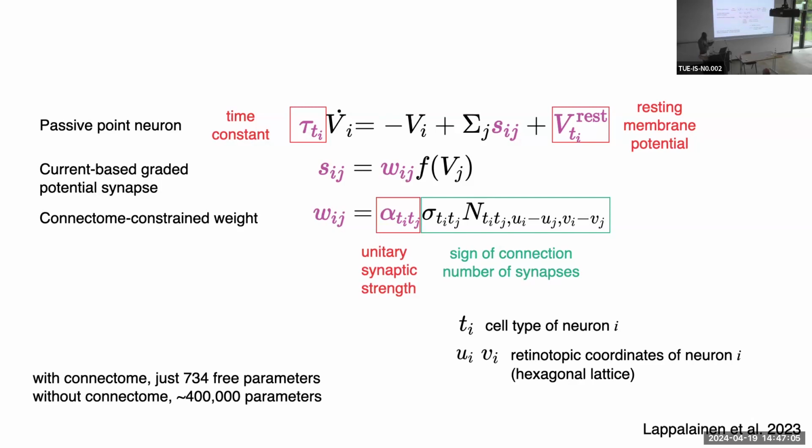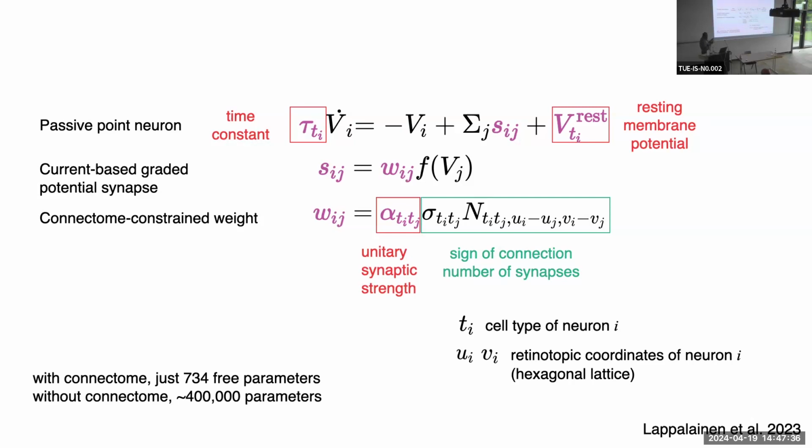And so all neurons of the same cell type will probably share these parameters, was our hypothesis. So we've tied them to the cell type. Similarly, for the unitary synaptic strength, it likely depends on what neurotransmitter was used and what receptor was used. And so you can just say all synapses that have the same presynaptic neuron and postsynaptic neuron types share those parameters.